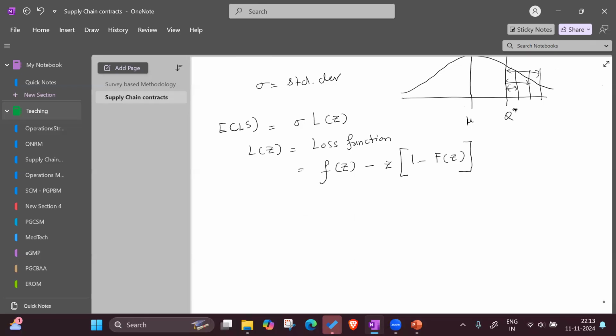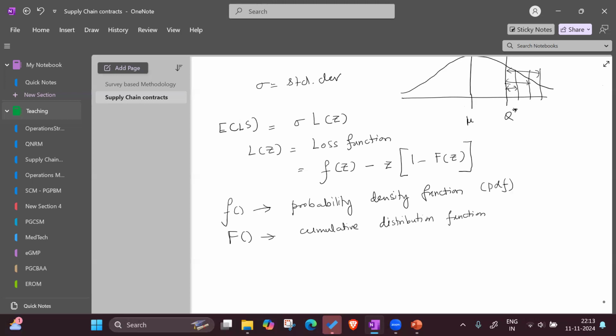Whenever we have probability distributions and random variables, always remember that small f represents the probability density function, and capital F is always going to represent the cumulative distribution function. Yes, this is PDF and this is CDF.